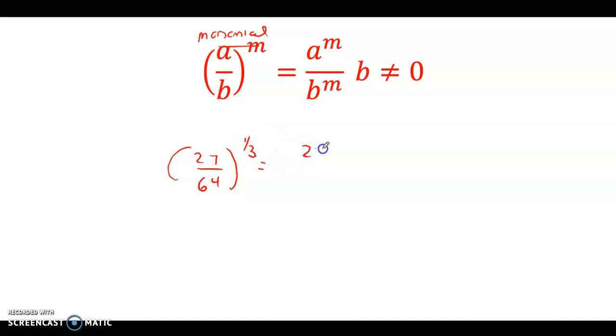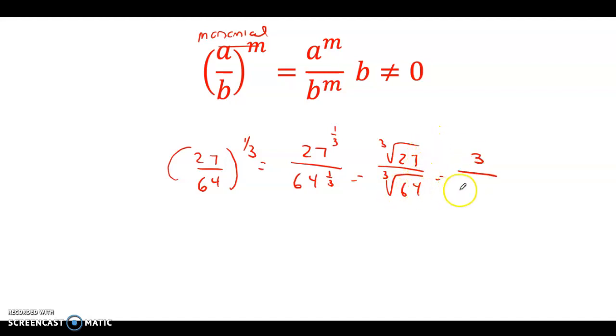That is the same thing as 27 raised to the 1/3 over 64 raised to the 1/3. So what this is saying is what's the cube root of 27 and what's the cube root of 64. What times itself 3 times will give you 27, and that's 3. What times itself 3 times will give you 64, and that's 4. So the answer is 3/4 there.